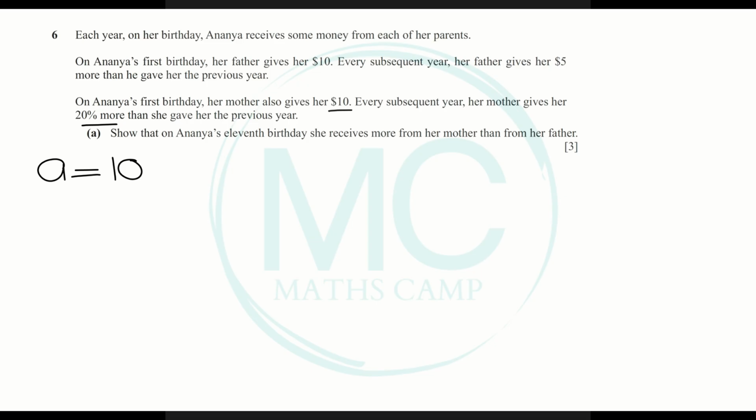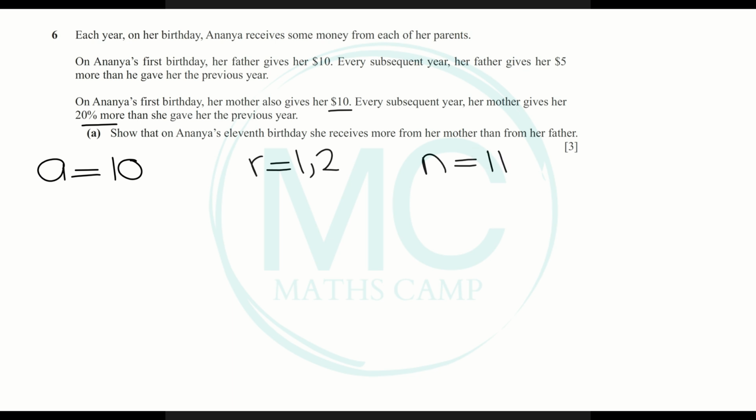The amount of money increases by 20%, which means our R value is 1.2. So our ratio R is equal to 1.2. We want to know how much money Ananya got on her 11th birthday. So again, N is equal to 11.